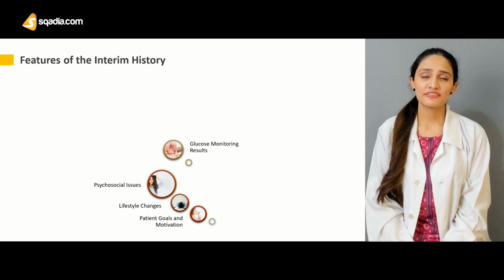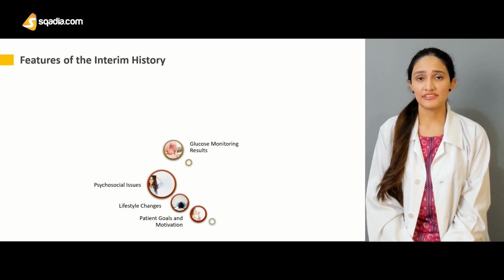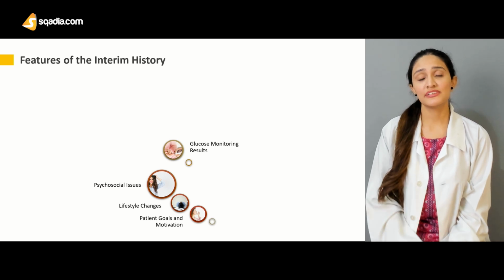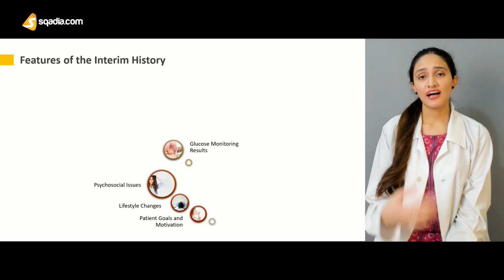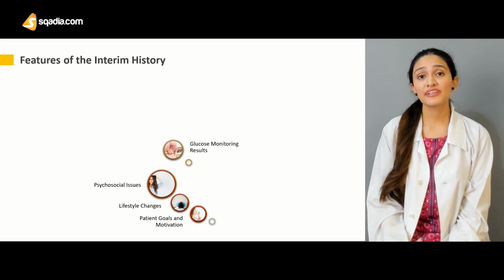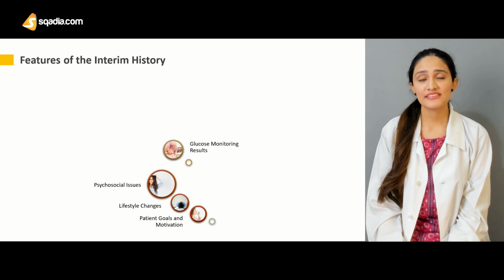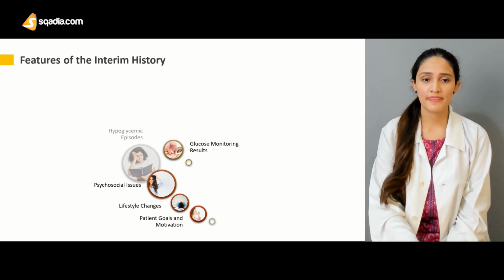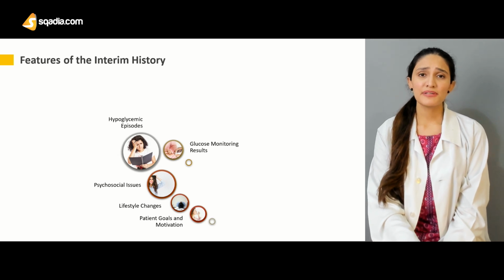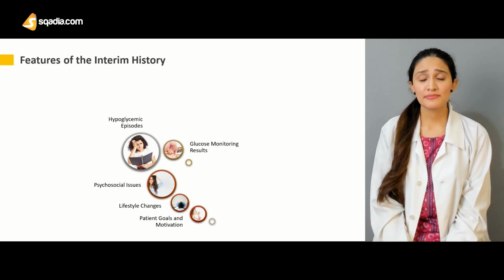Glucose monitoring and results is very, very necessary. For a patient who has already been diagnosed with diabetes mellitus, it's very necessary to ask him if he's monitoring his glucose on a daily basis and what the results of his glucose are. Ask the patient if he has any hypoglycemic episodes.